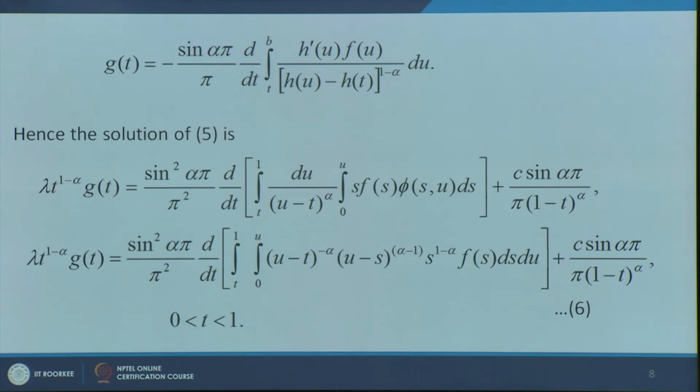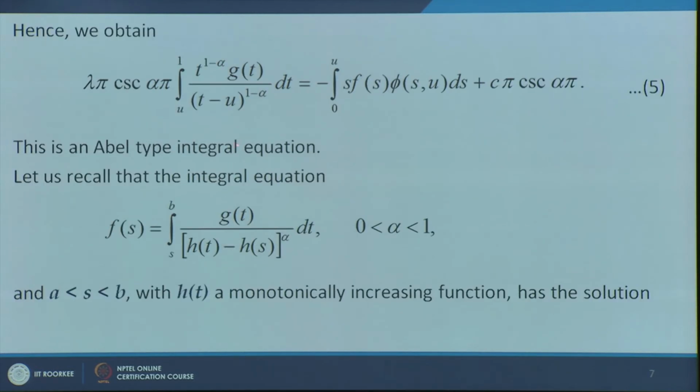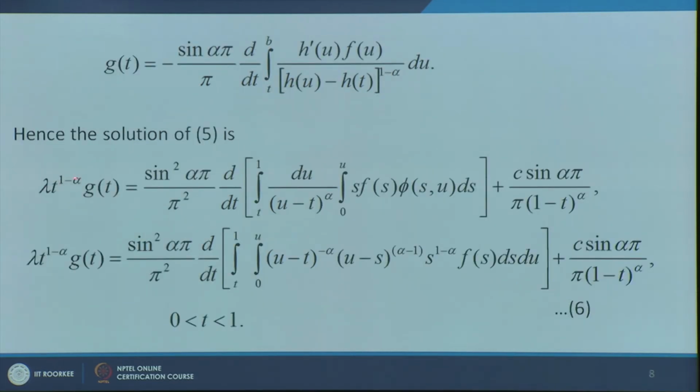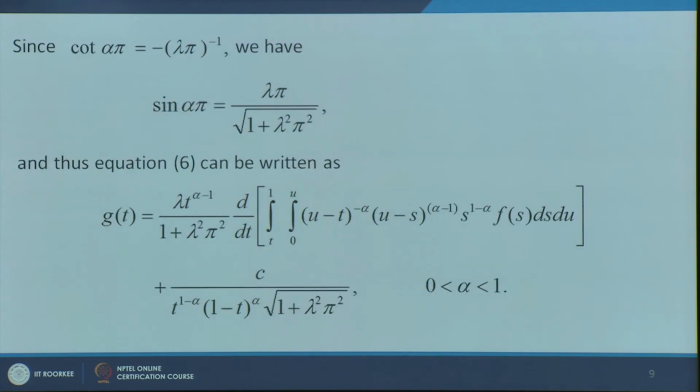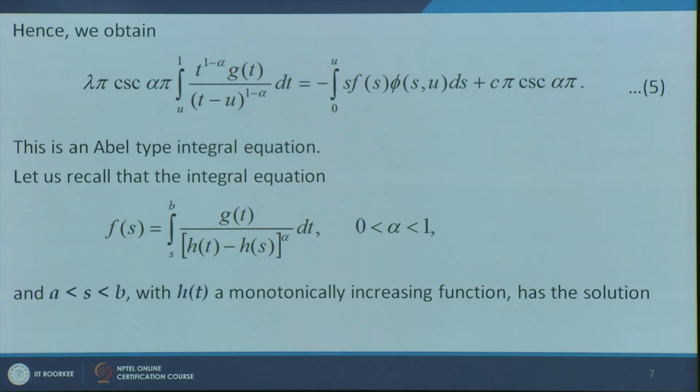We can have lambda also together with this unknown function. So lambda times t to the power 1 minus alpha g(t) is our unknown thing. Then we can divide by this quantity pi cosec alpha pi on the right side.